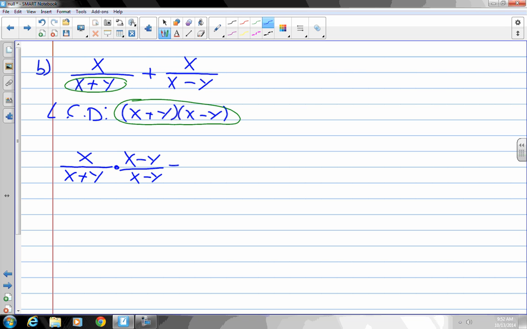So that's legal. Now, if you compare the second denominator with the LCD, what is missing? x plus y. You have x minus y, so you're missing x plus y. So that tells you to multiply the second fraction by x plus y over x plus y. How's that?